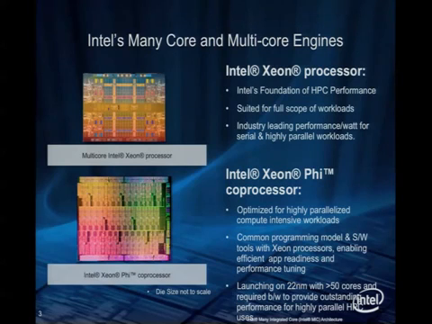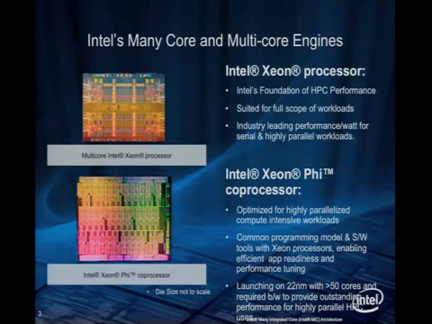Pretty much just said it. The Xeon's the foundation. You've all used this architecture. It can handle the full scope of workloads. It has parallel capability and serial capability, a great processor, with new interfaces or other mechanisms to leverage that. It's difficult, but that's one of our goals.